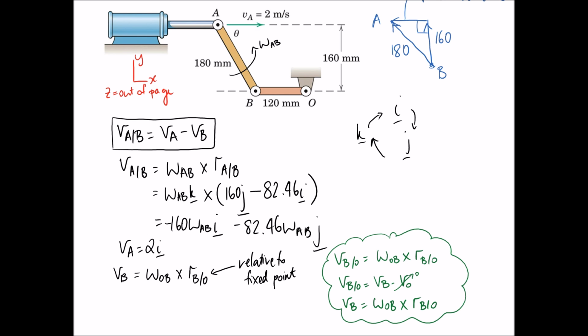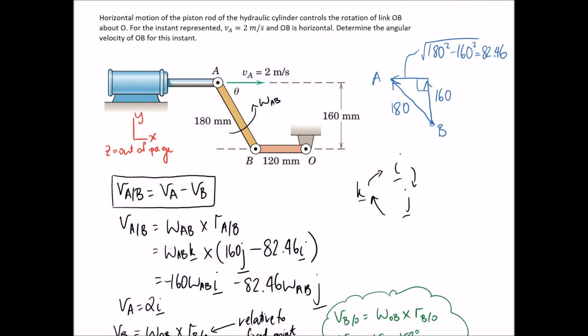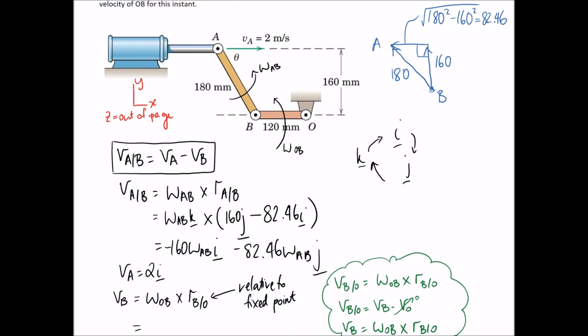Alright, so let's fill this in. So the angular velocity of B relative to O is unknown, so again we're going to need to take a stab at what that is, and I'm just going to assume that it's going to be in the positive direction. If it comes out negative, then we know it's the other way.